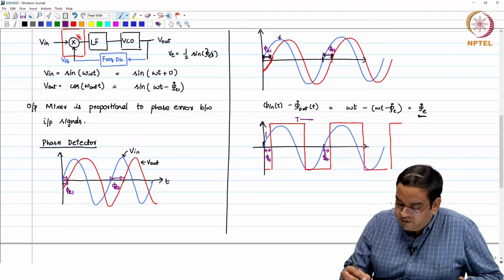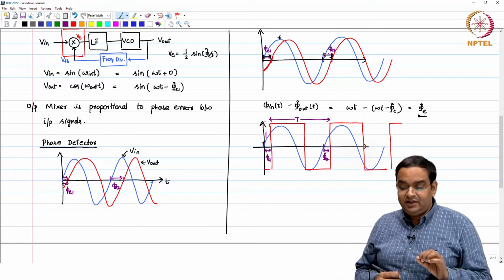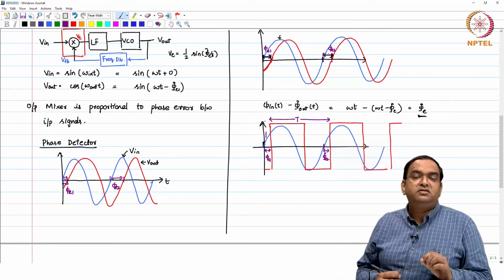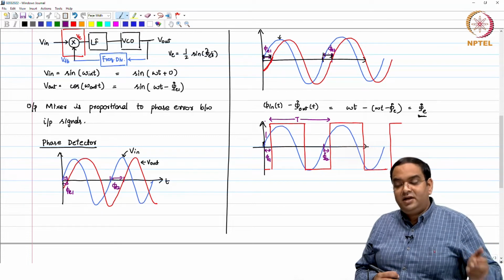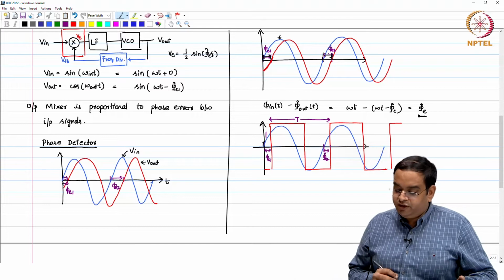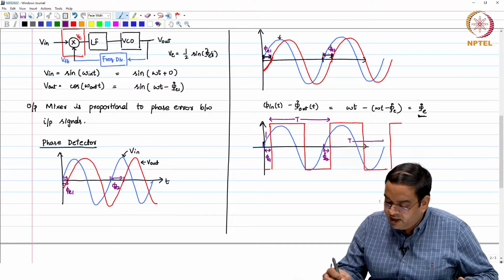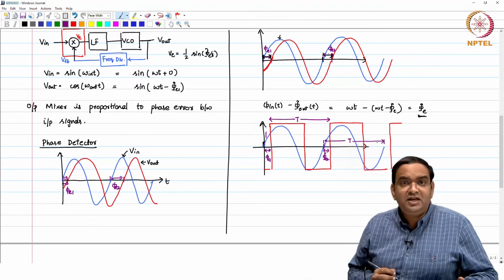If the fundamental period of the square wave, by the way, this is a periodic signal and it can very well be the clock which is generated by the PLL and used in your circuits. So, the period of your square wave or the fundamental period of the square wave or the period of your sine wave, these two periods are same.